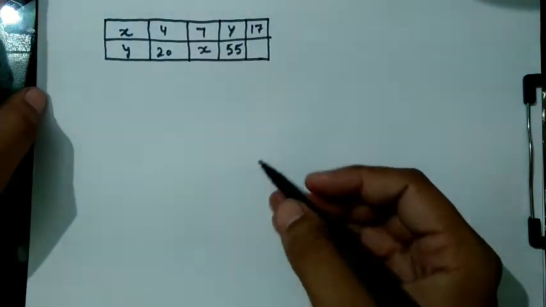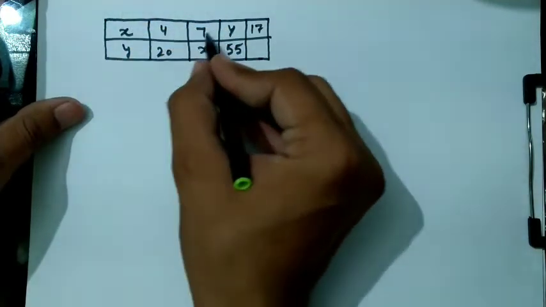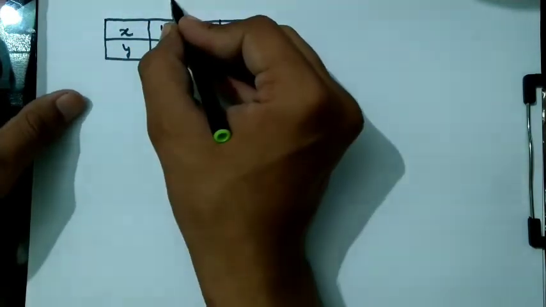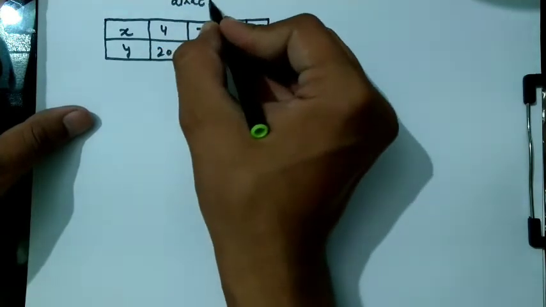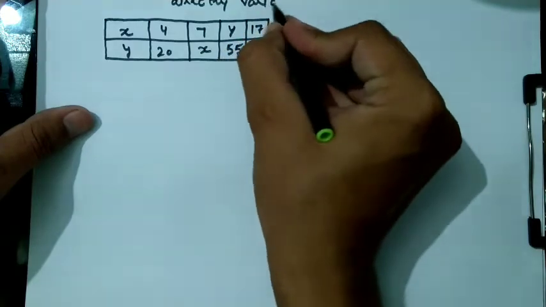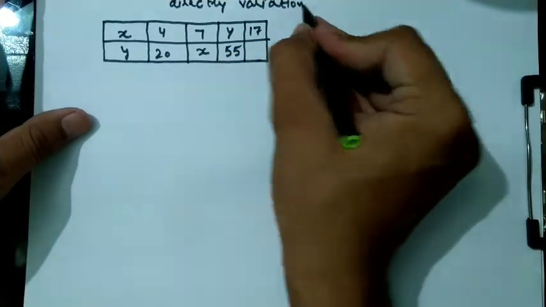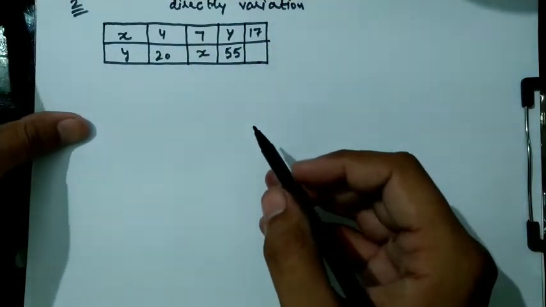If these proportions are in direct form, if these variations are direct variations, then we have to find the value of x and y.